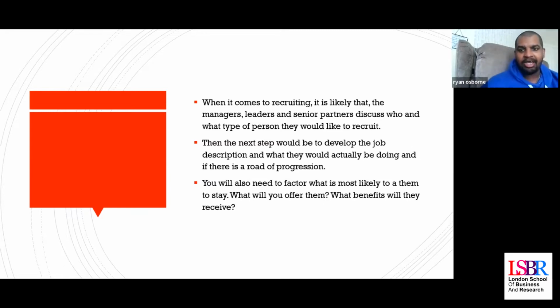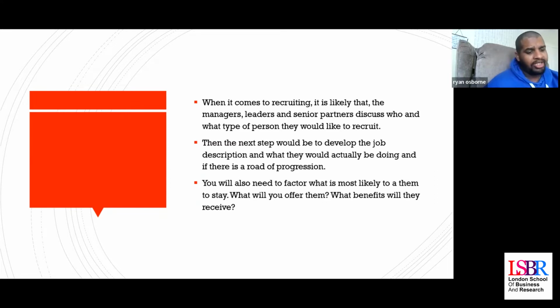So yeah, you've got to make sure that they are good for the job, don't you? So managers, leaders, senior partners, they will all come together to discuss what type of person they would like to recruit for the job.